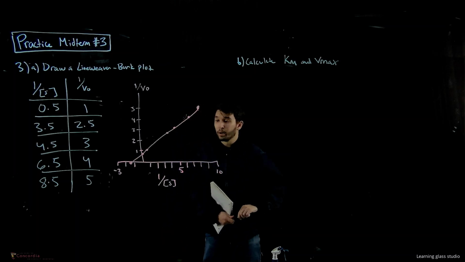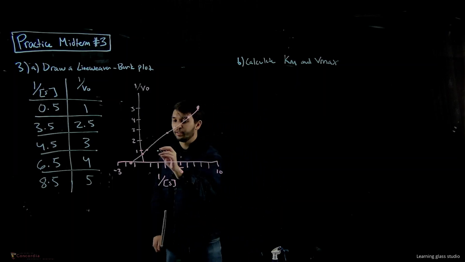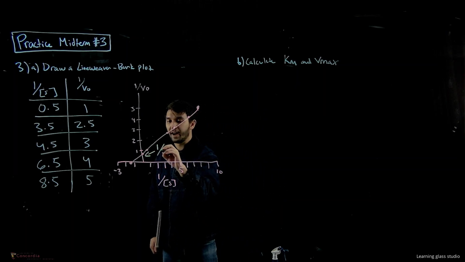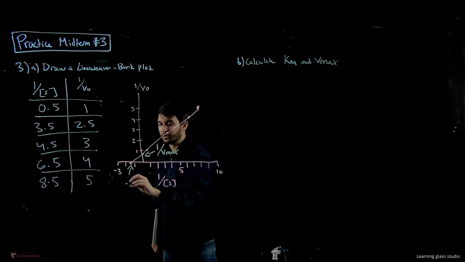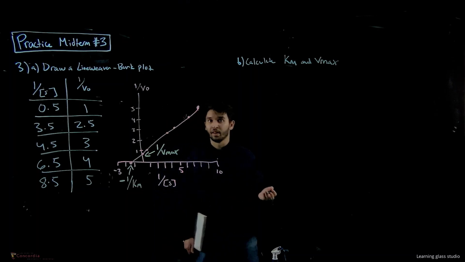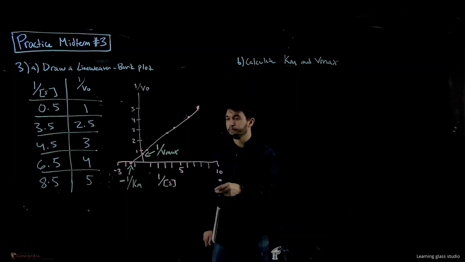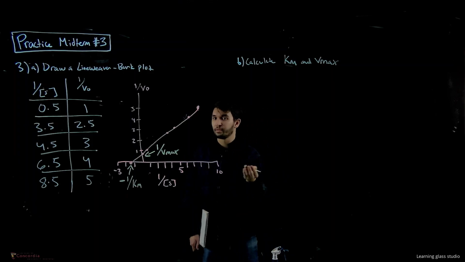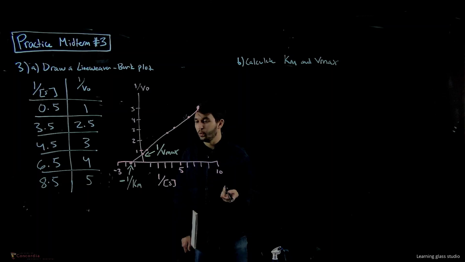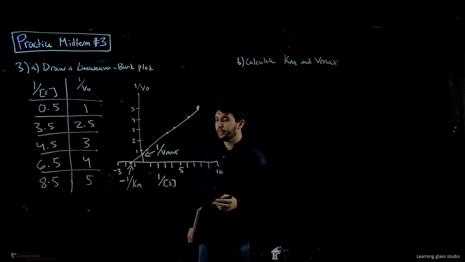So remember that the y-intercept here is going to be 1 divided by Vmax, and this x-intercept here is going to be -1 divided by Km. So that's why we use a Lineweaver-Burk plot, because from these intercepts we can then calculate Vmax and Km. We can actually quickly try to approximate these here, right?